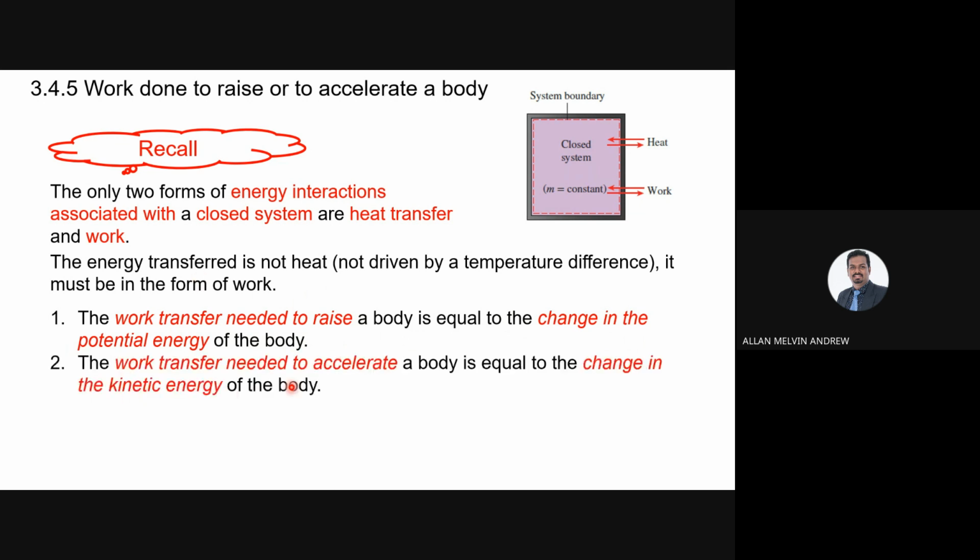The work transfer needed to accelerate a body is equal to the change in kinetic energy. Meaning from one place to another place, you want to accelerate, so there is a change in the kinetic energy.